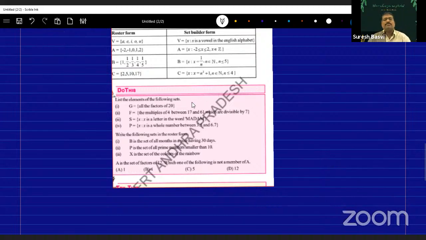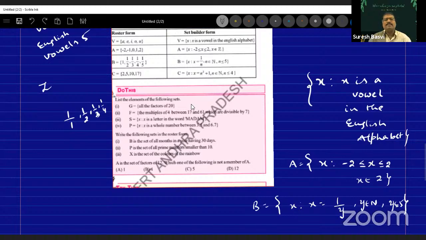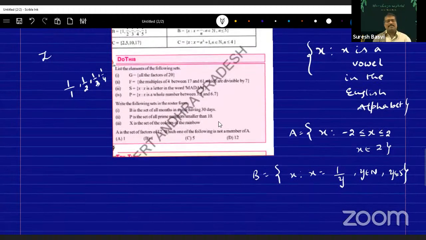Right? So next, 2, 5, 10, 17. Just observe it. I am going to write 2 as 1 plus 1, 5 as 4 plus 1, 10 as 9 plus 1, and 17 as 16 plus 1.